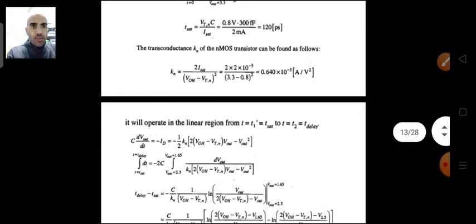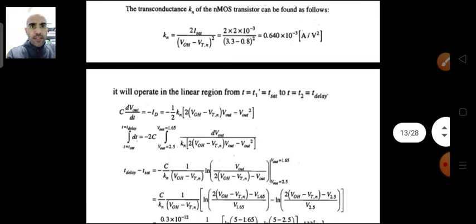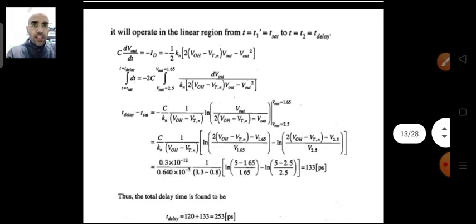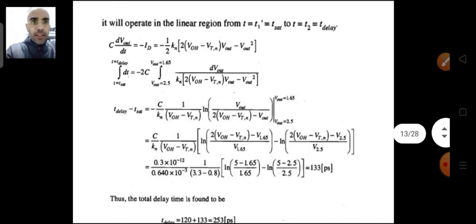So Kn is equal to 0.64 into 10 to the power minus 3 amperes per volt square. Once you have found this, later on you can easily find the other portion.